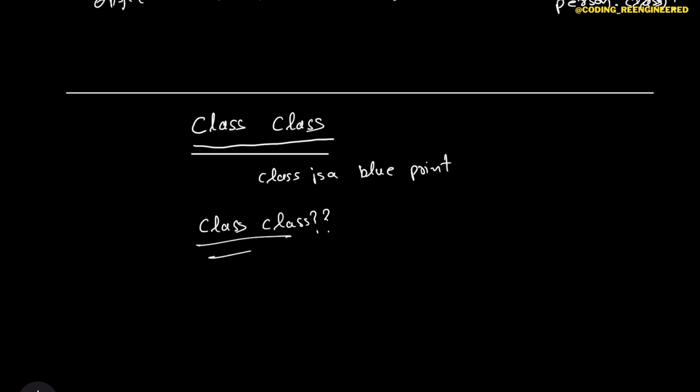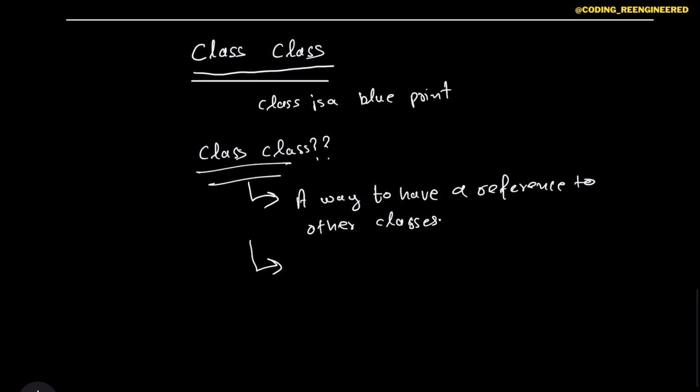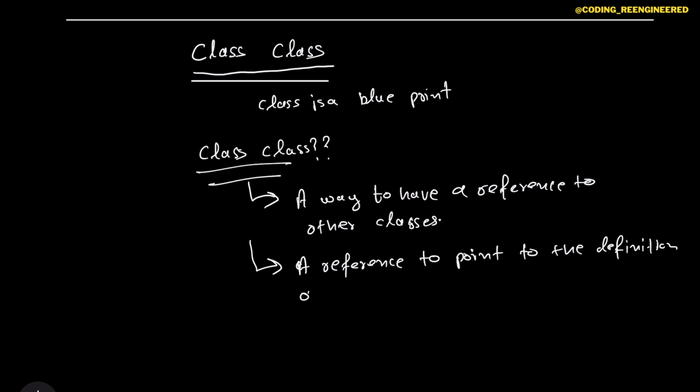Class is nothing but a way to have a reference to other classes. In other words, it is nothing but a reference to point to the definition or metadata of any class.